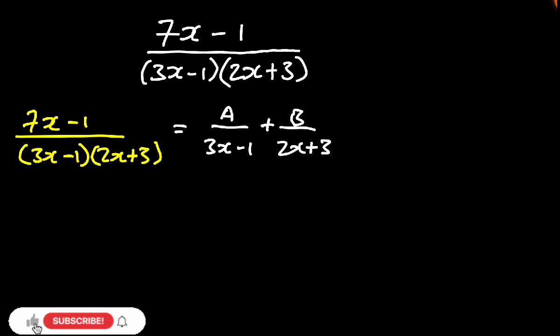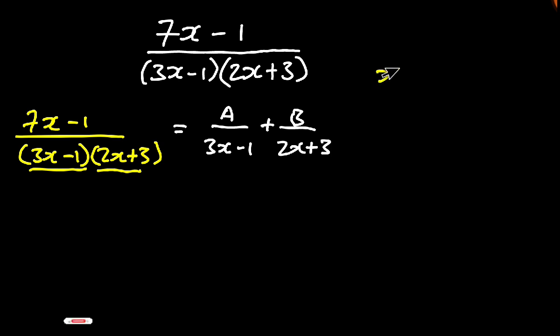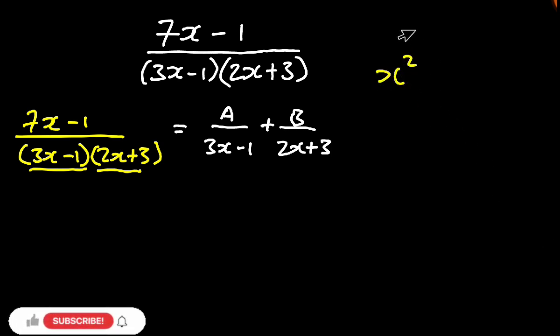This is because the denominator of this left hand side is made up of two terms that are multiplying each other, and if you FOIL these two terms, you are going to get x squared. So because we have these two here, the constants we are going to write are only two constants. If you FOIL the denominator and the degree of x is 5, you're going to have that number of constants.